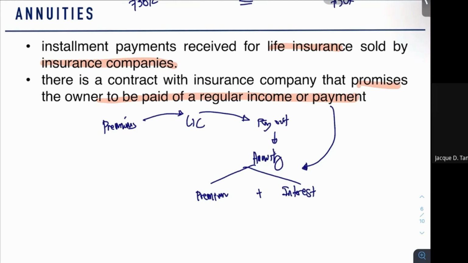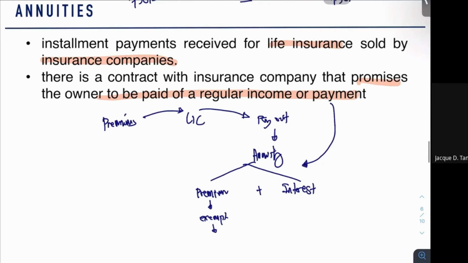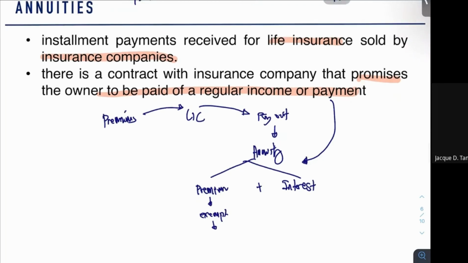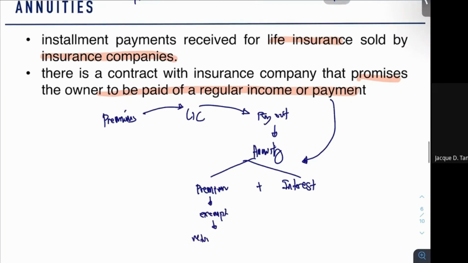A premium is considered exempt. Why? Because there is no taxable income here. A premium is only a return of capital. It is merely a return of capital. Remember, if it's only a return of capital, it is considered non-taxable. So a premium, when it is part of the annuity, is exempt.